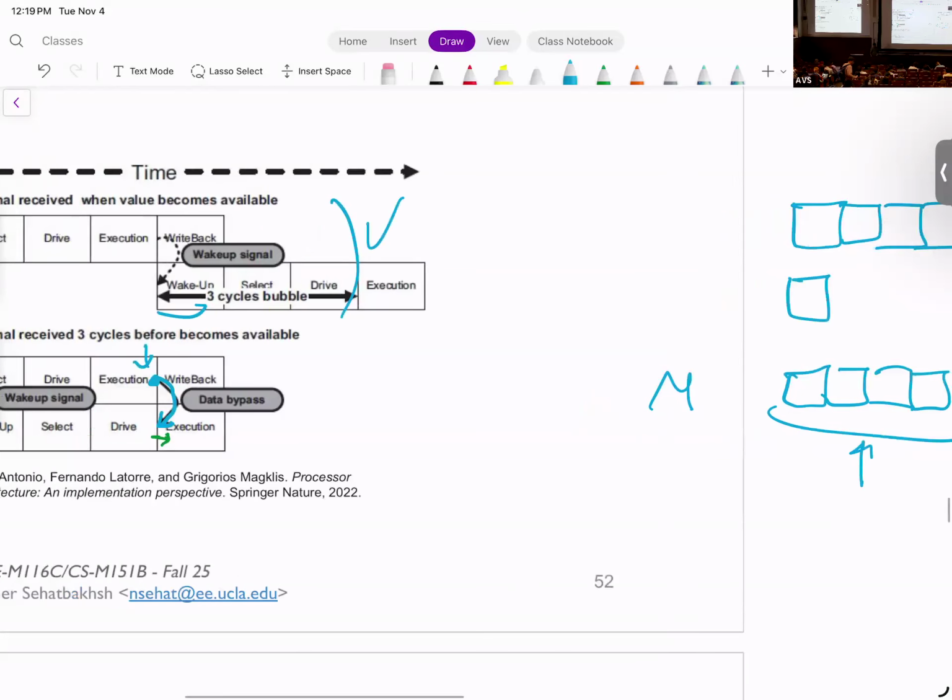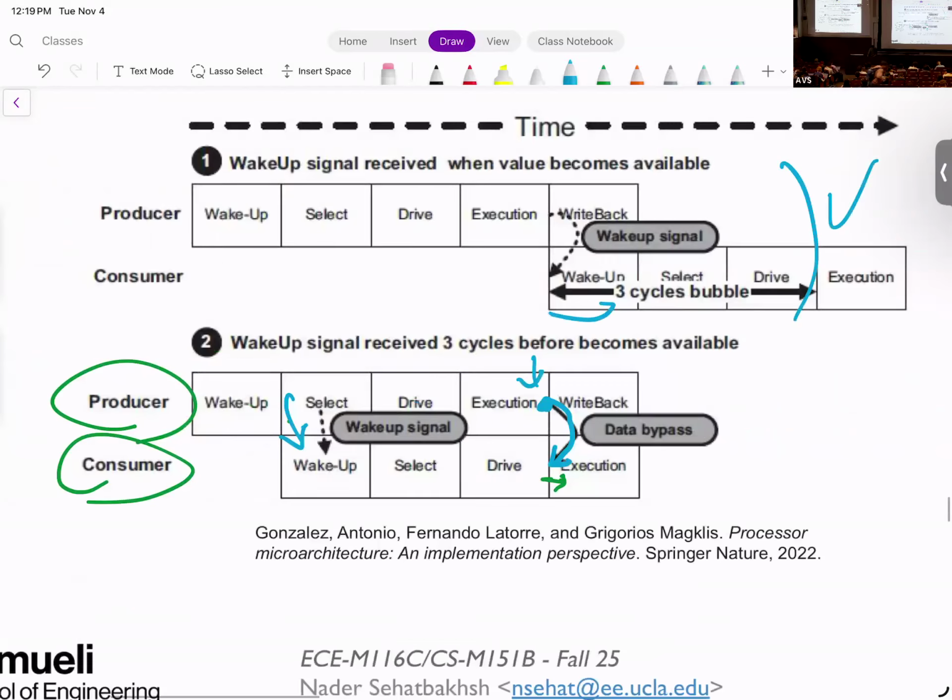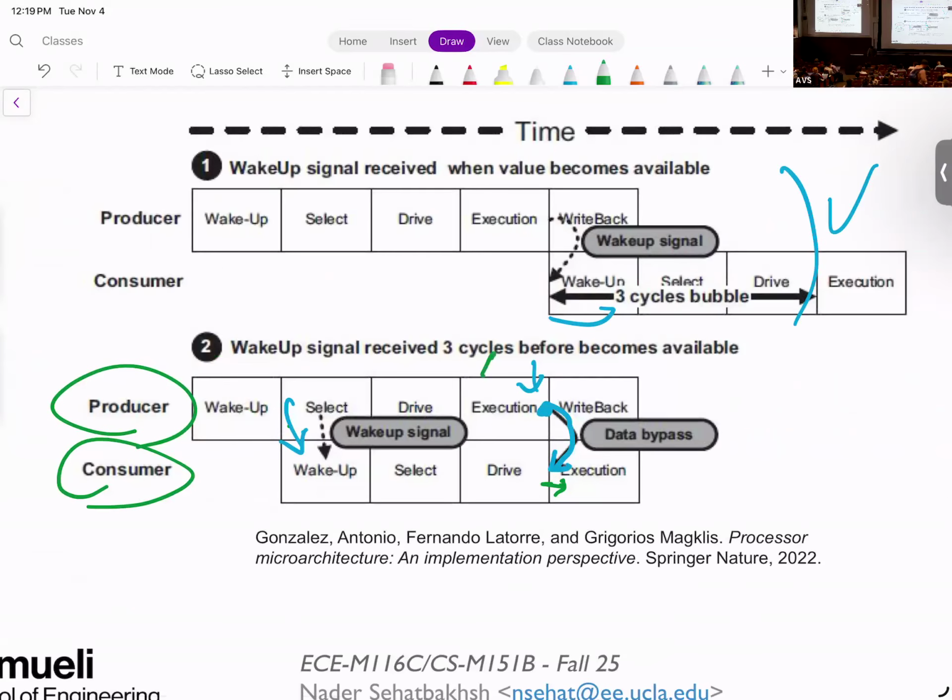Okay. So imagine that, for example, in this case, you're waiting for a load word, and this load word is not finished at this point. And you kind of assume that, oh, okay, this instruction that's waiting for the load word, at this point you want to execute it, right? So that will create a problem, right? Because the data is not available at that point, but you assume that the data is ready, okay?